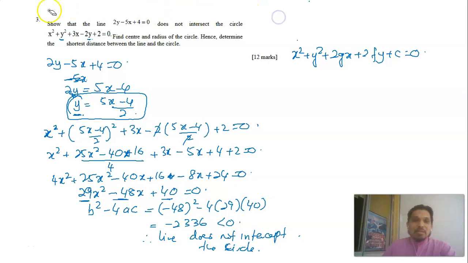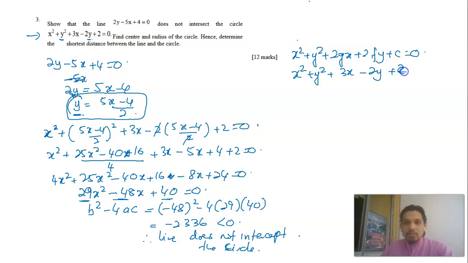I didn't say that using completing the square is wrong, but I'm preferring to use comparing with this equation at this moment. So this is the equation now: x squared plus y squared plus 3x minus 2y plus 2 equal to 0.